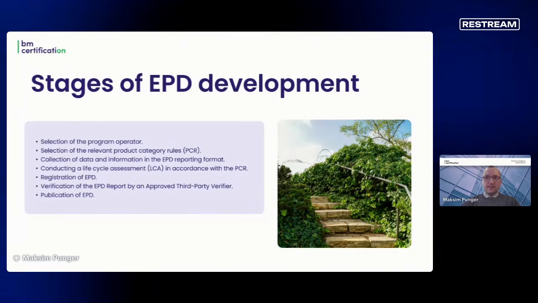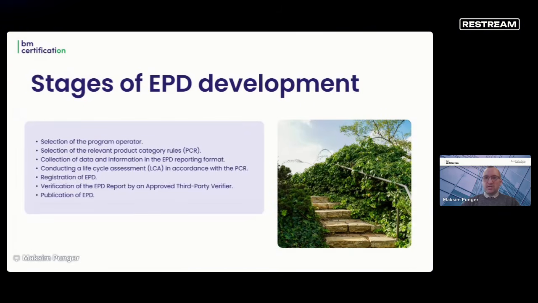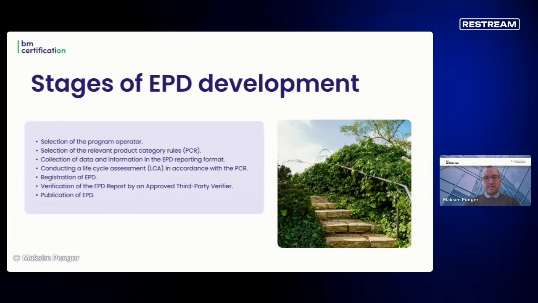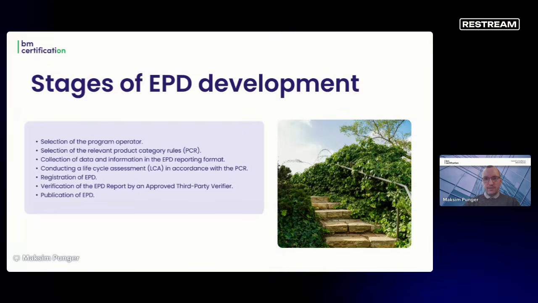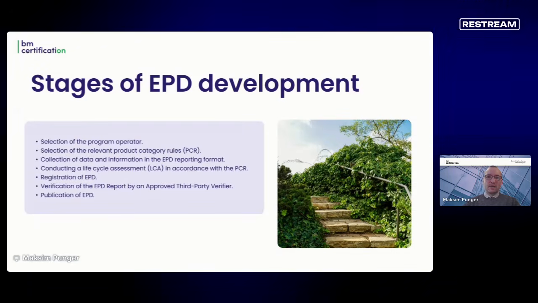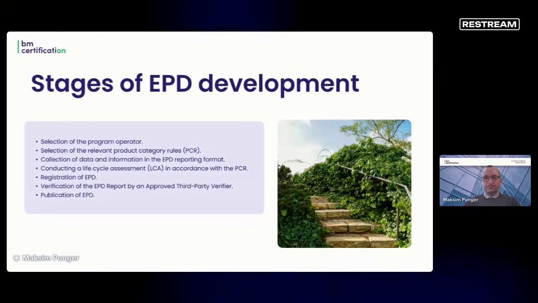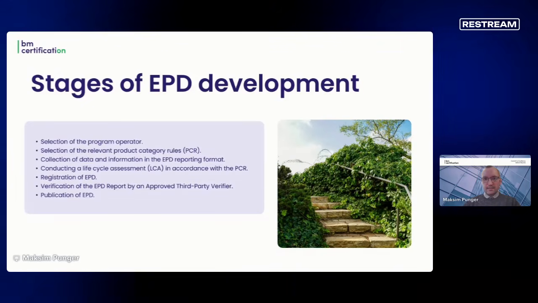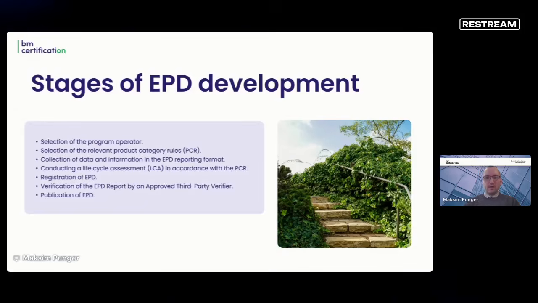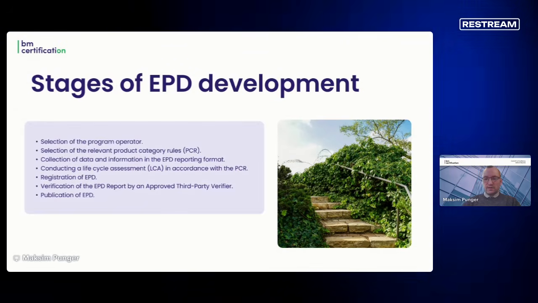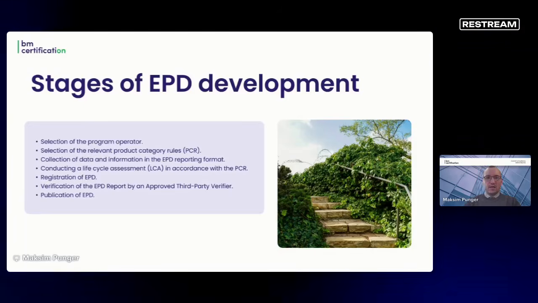We see that EPD development has 7 stages. It starts from selecting the program operator, publisher, then selecting the relevant product category rules, collecting data information, conducting life cycle assessment calculations.